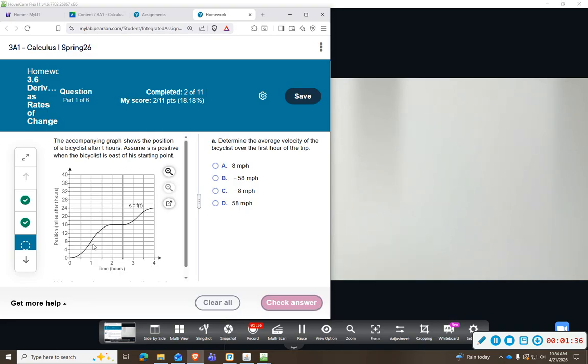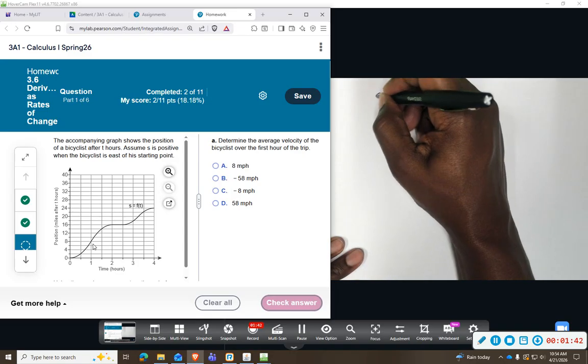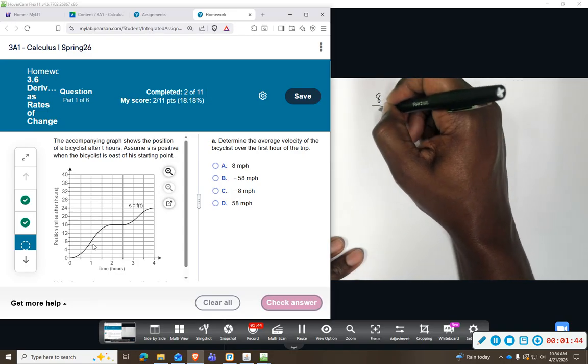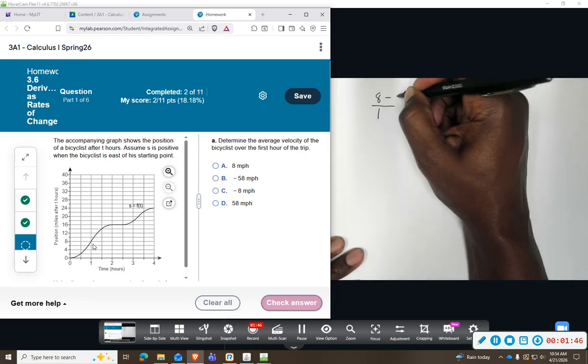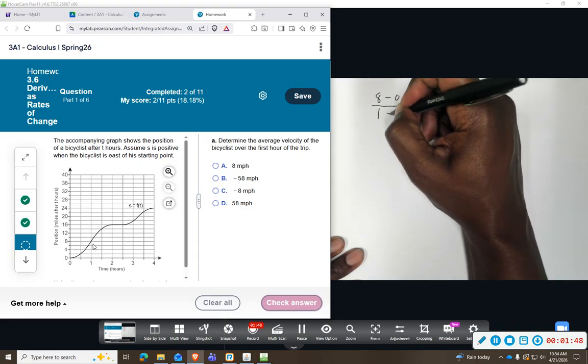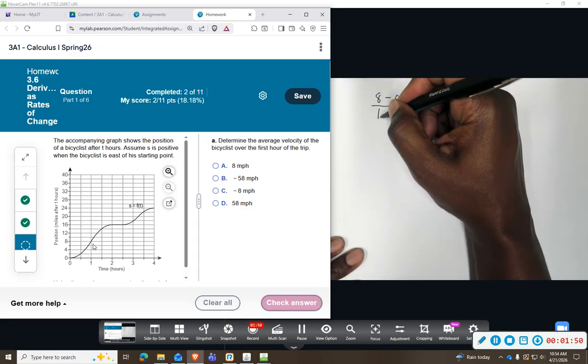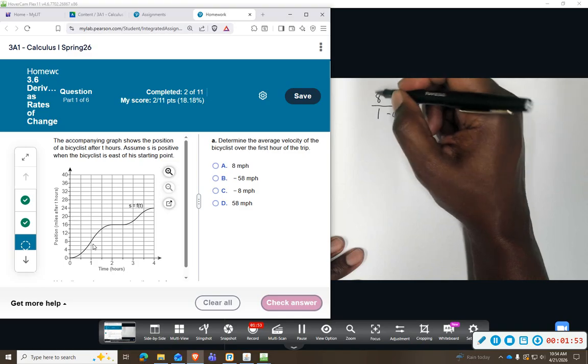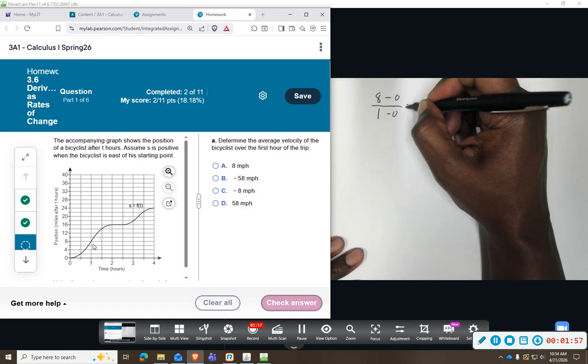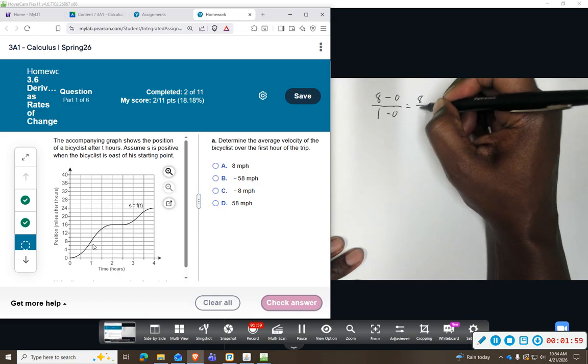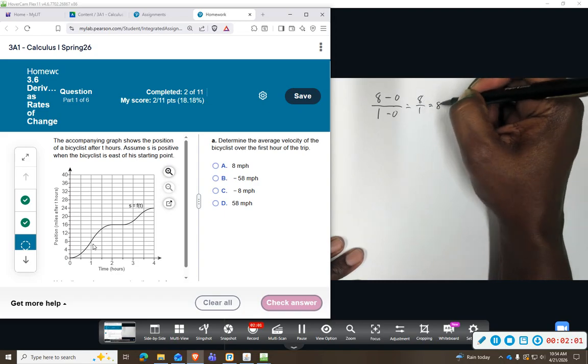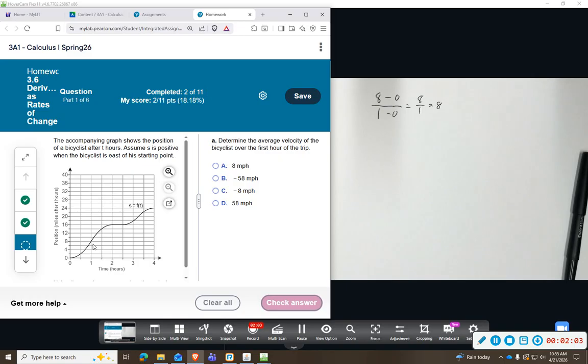But if you wanted to do the slope formula, we can see there's an ordered pair 1, 8, and then minus the starting point 0, 0. So y2 minus y1 over x2 minus x1. This will just give us 8 over 1 or 8. Okay, just using the slope formula. So we get 8.